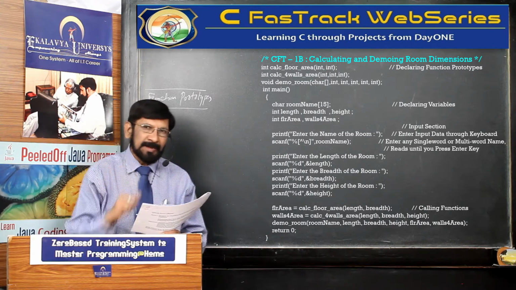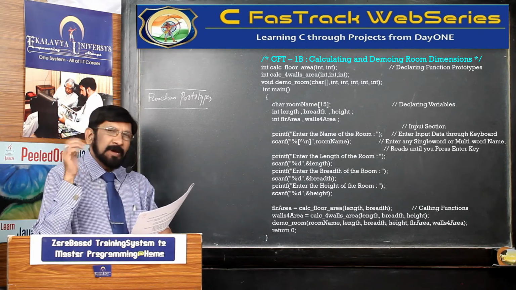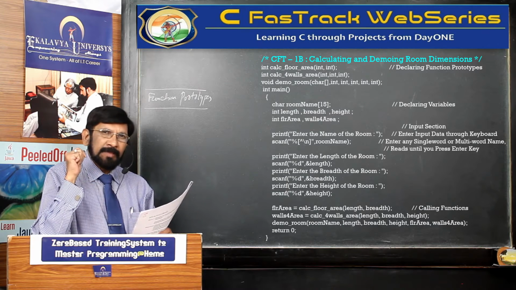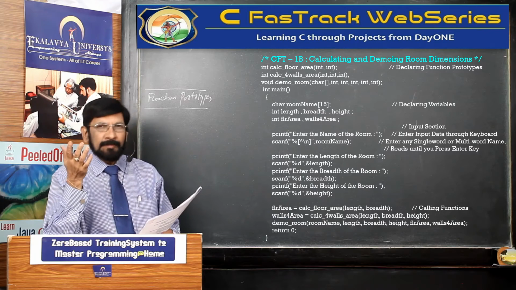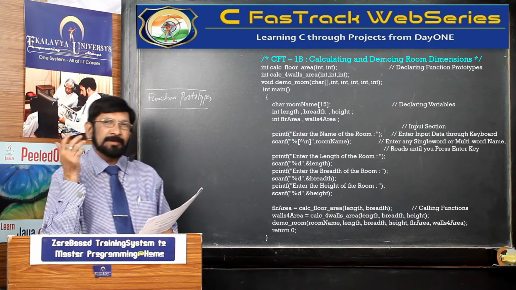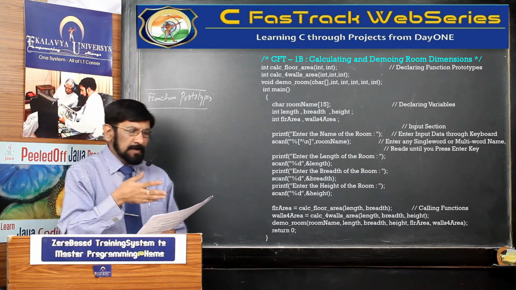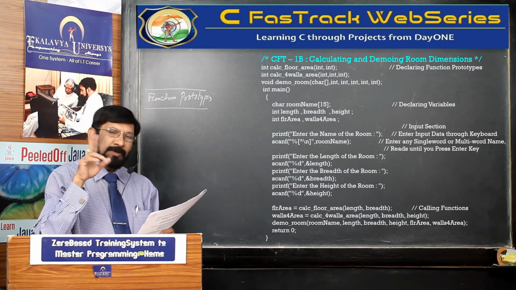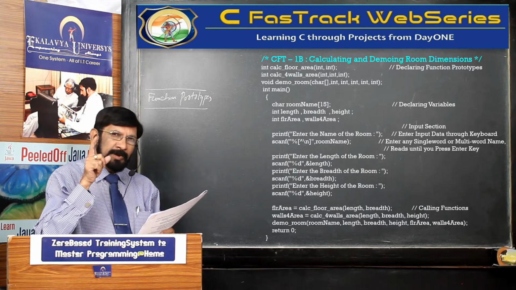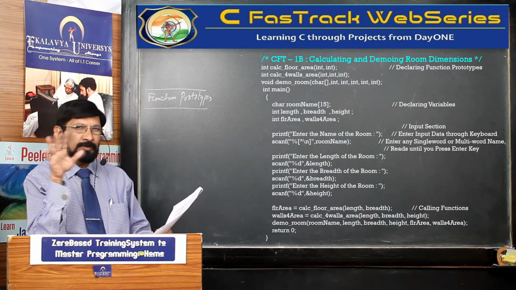You are introducing the name. Thereafter, which type of arguments do you take? For calculating floor area, which arguments are required? One is length, the other one is breadth. We declared them as integers for the sake of simplicity. So int. There you need not write length and breadth. If you write also, nothing wrong.